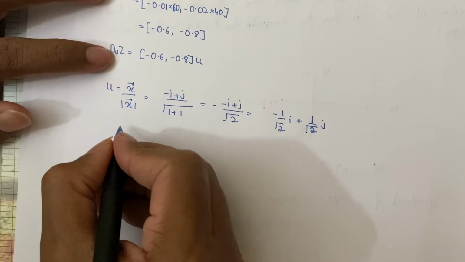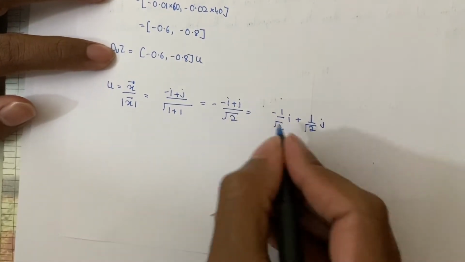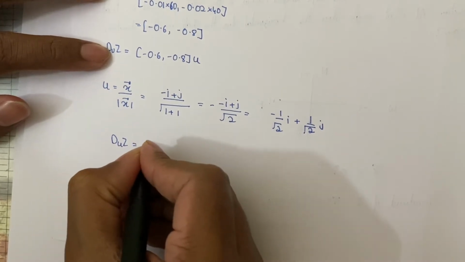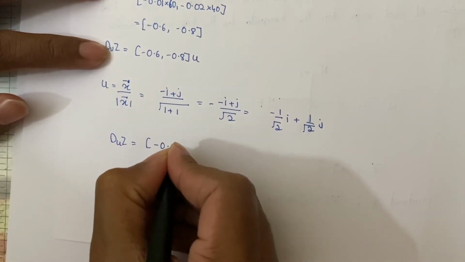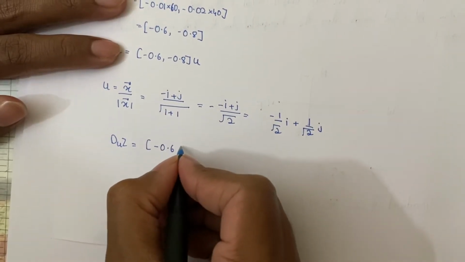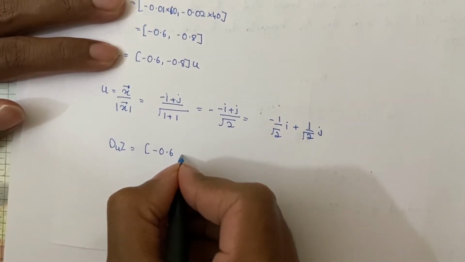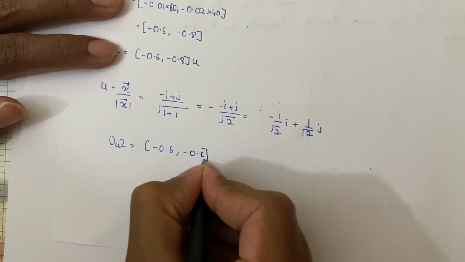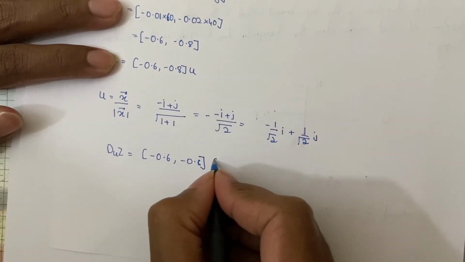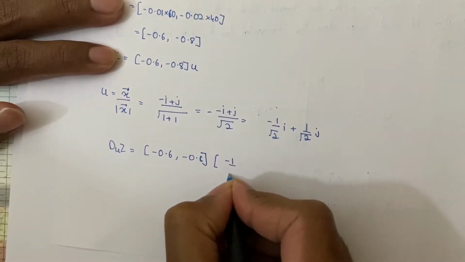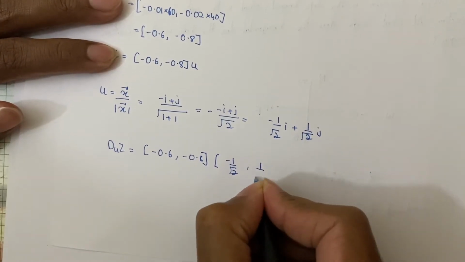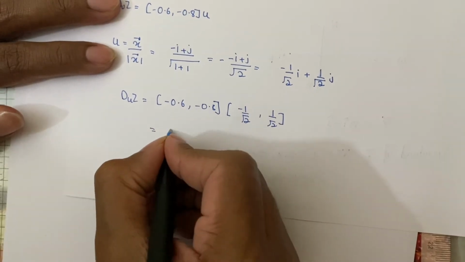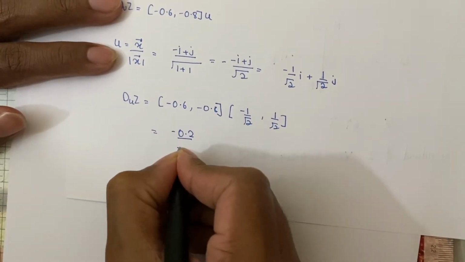Substituting the value of u in the directional gradient formula, we get minus 0.6 into minus 1 by root 2 plus minus 0.8 into 1 by root 2, which will be minus 0.2 by root 2.